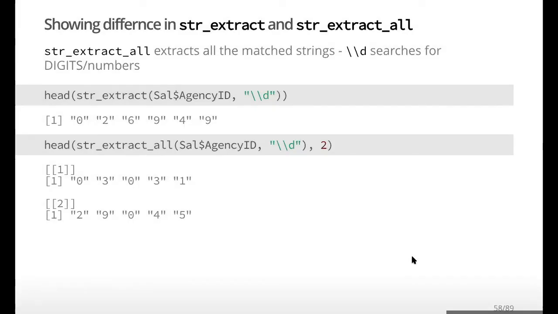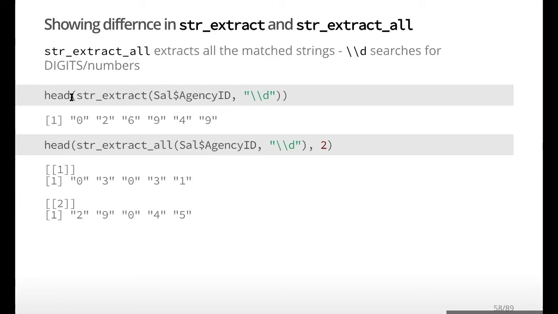So str_extract_all, as opposed to str_extract, extracts all the matched strings. str_extract is very useful because you can extract a specific thing, like the first thing of a data set or of a character vector that you want.